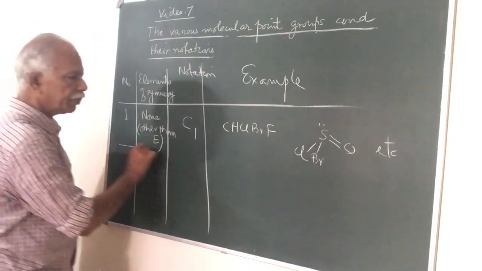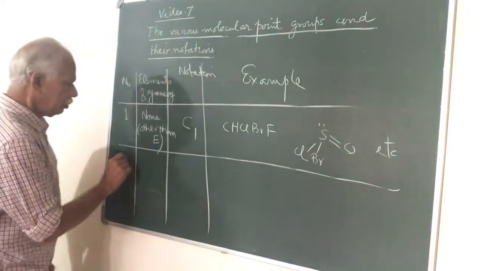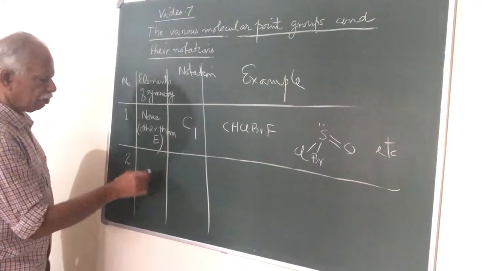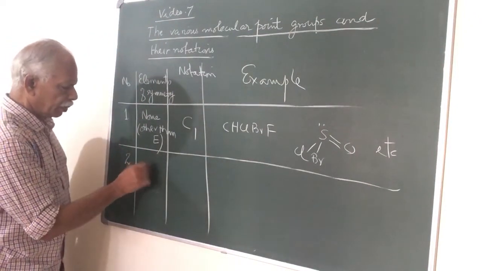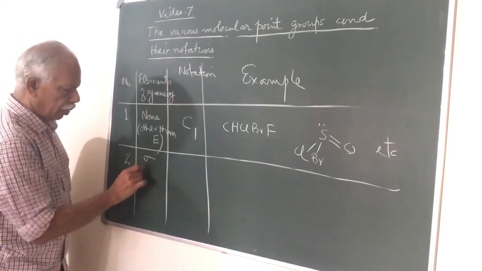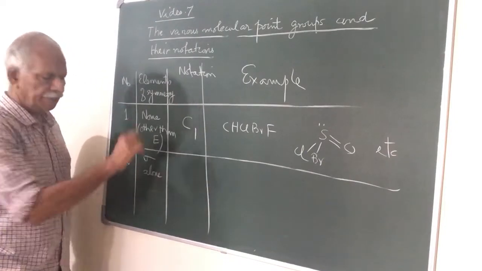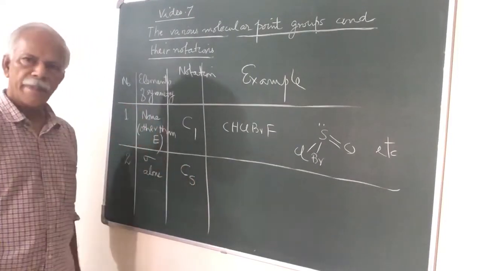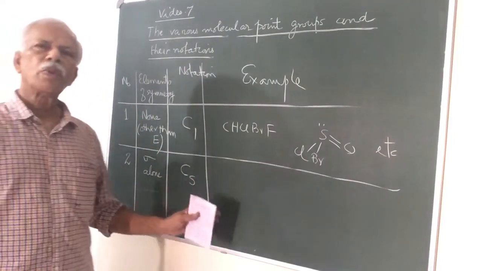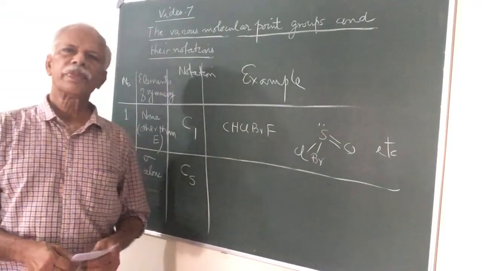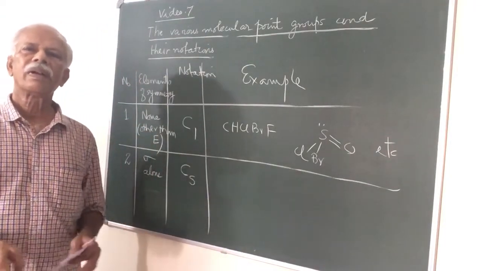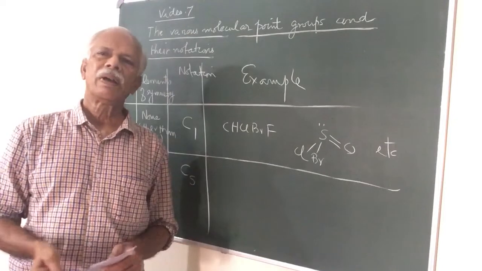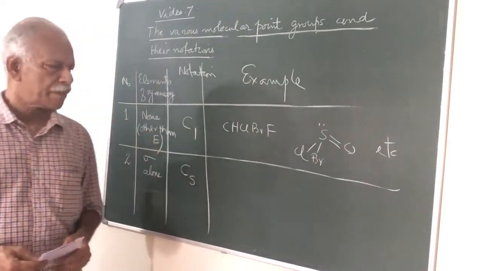Then with just sigma alone, we call them Cs group. These are planar molecules which have no symmetry other than the very molecular plane acting as a mirror plane.